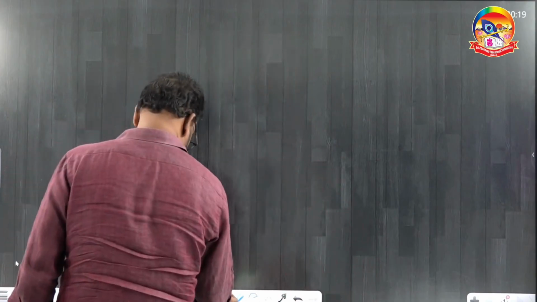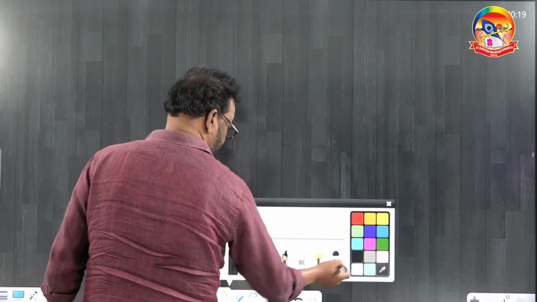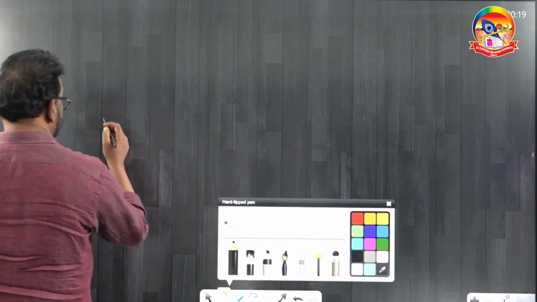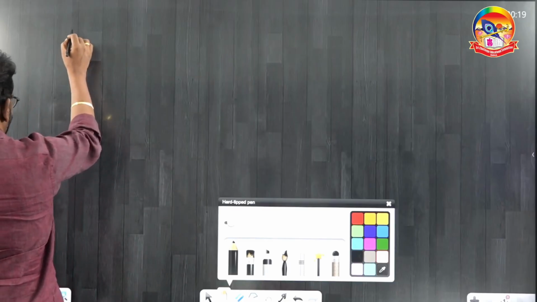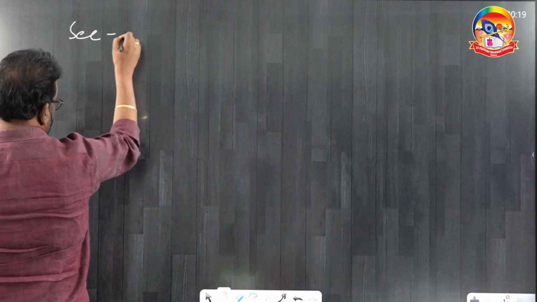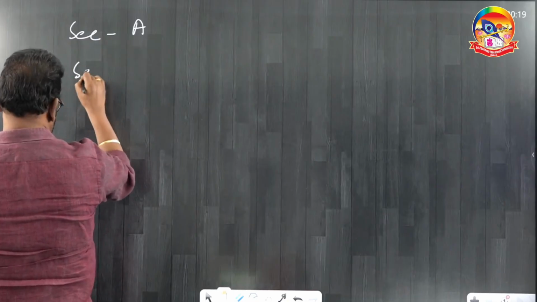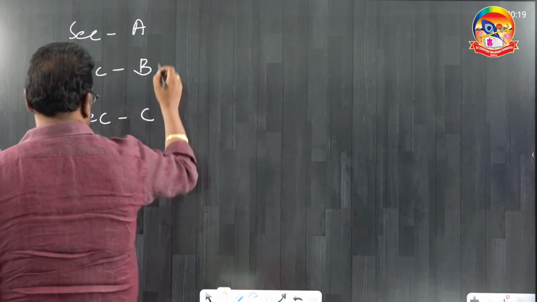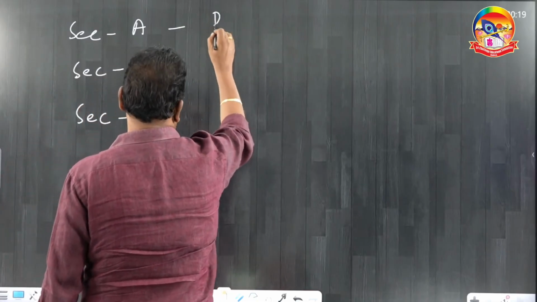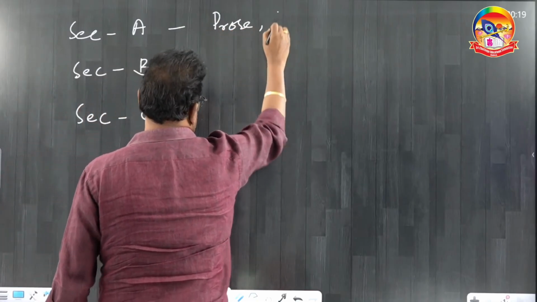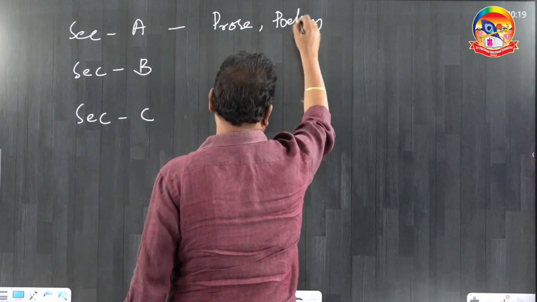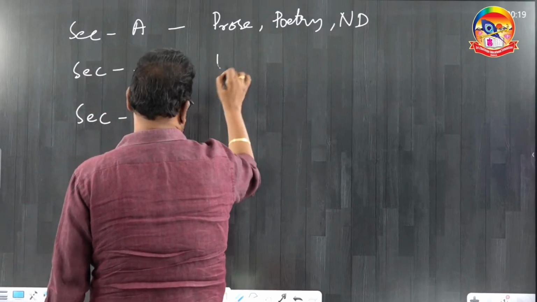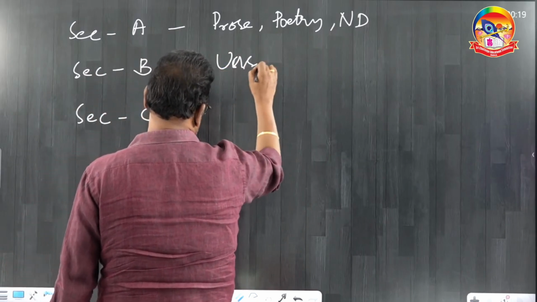As you all know, your paper is for 100 marks and the duration is 3 hours. It comprises 3 sections: section A, section B and section C. Section A deals with prose, poetry and non-detailed, and section B deals with unseen comprehension.